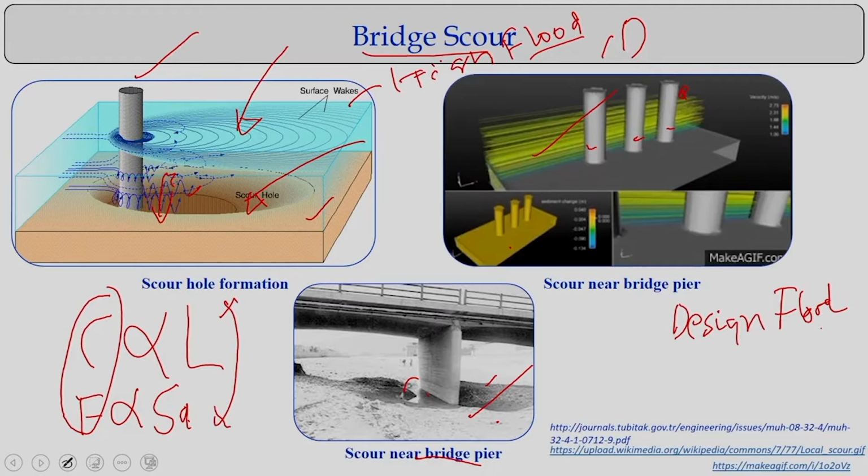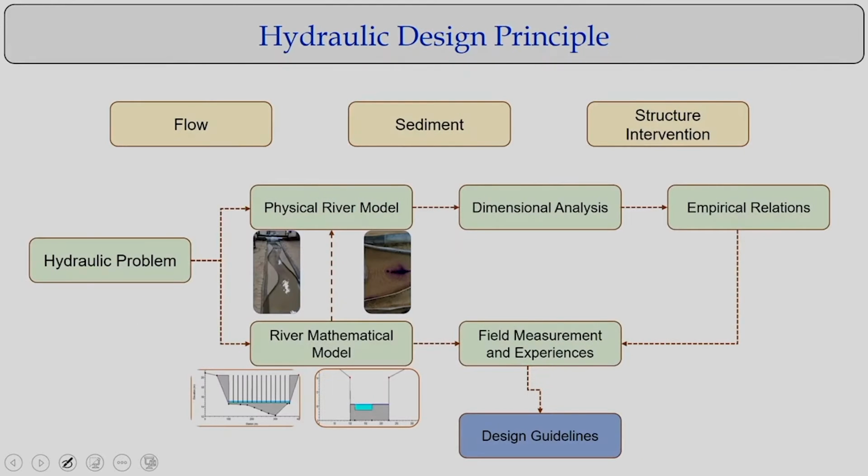The hydraulic design of the bridge is a very interesting subject. It depends upon the flow characteristics, the sediment characteristics, and also the structural intervention. They are all interacting with each other. That is what happens with the flow, sediment and the designed structural intervention.